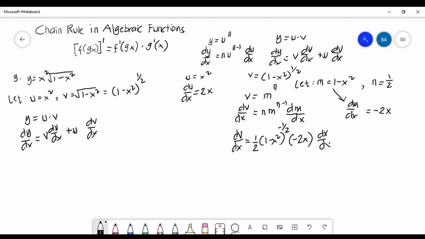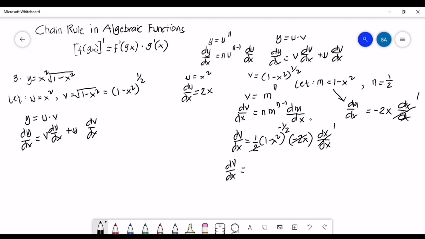I forgot to mention a while ago that in our dm with respect to dx, this is already dx over dx. Because if we differentiate x here, this is equal to 1, so we can stop there. So overall, our dv over dx is equal to positive 2, and this 1 half will be cancelled out, but this sign is negative.